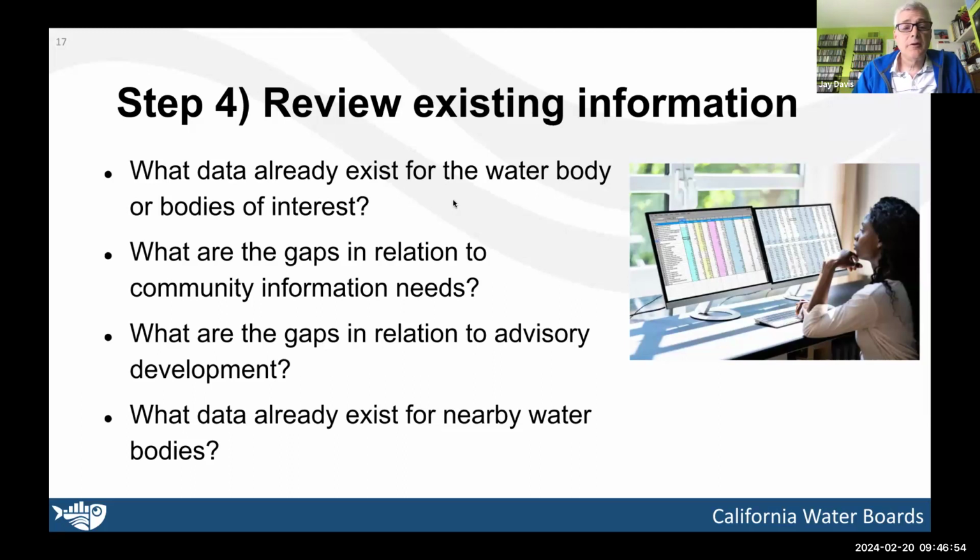So there are lots of potential topics under the bioaccumulation umbrella. Gaps in relation to advisory development is usually a key question. And then you can also look at what data exists for nearby water bodies. That can help you know what to look for in the water body that you're interested in.